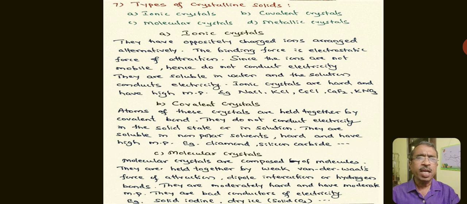They are moderately hard and have a moderate melting point. They are bad conductors of electricity. Examples: solid iodine, dry ice. Dry ice is nothing but solid carbon dioxide, etc.